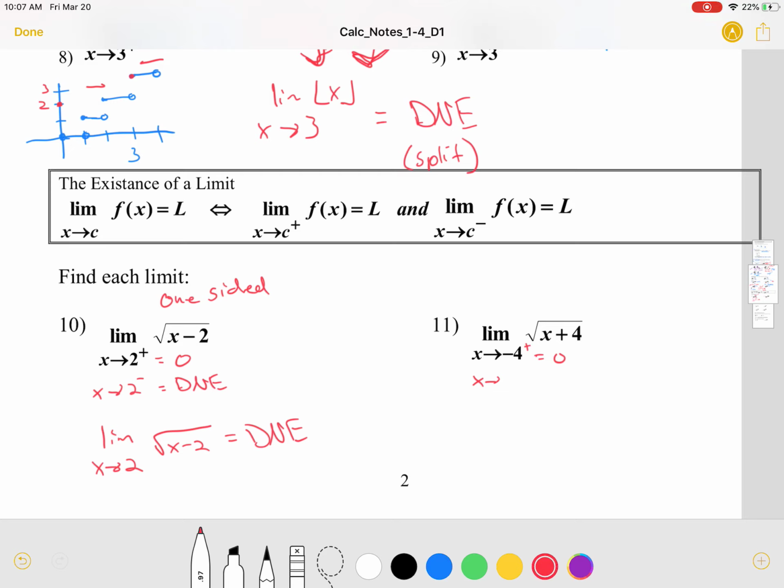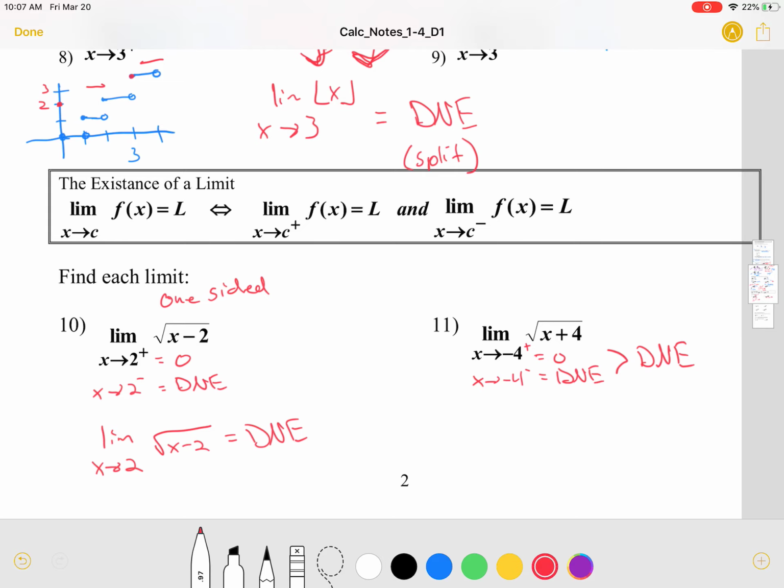So negative 4 to the positive gets you 0. Negative 4 to the negative gets you does not exist. So if one of them doesn't exist, they all don't exist. If you get two different answers when you test it from both sides, it does not exist.